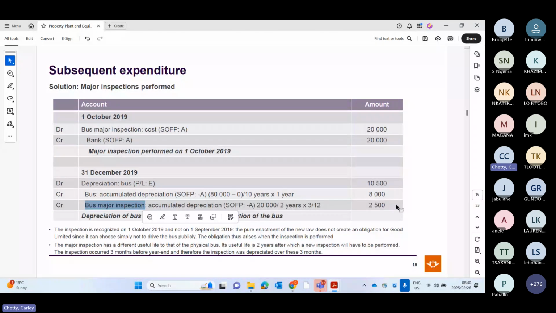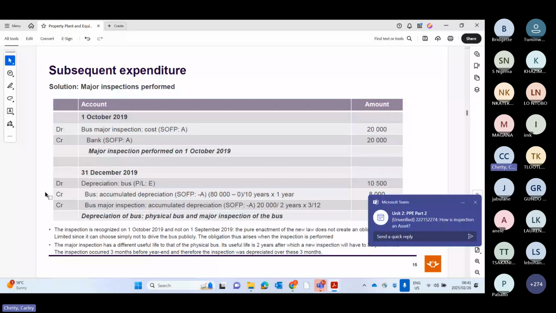Now we need to depreciate the rest of the asset. It says that Good Limited owns a bus and it had a carrying amount of 80,000 Rand on 1 January 2019. The bus is depreciated to a nil residual value over a useful life of 10 years. So now we need to depreciate the bus over 10 years.